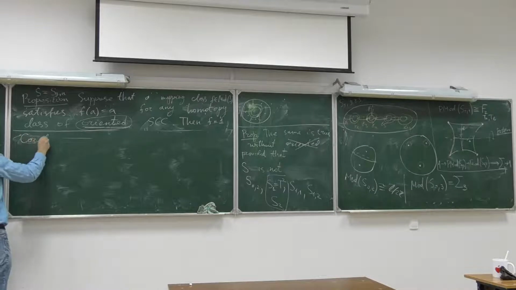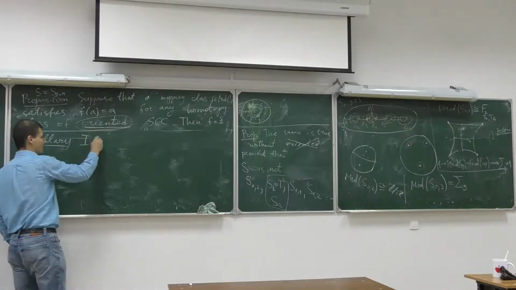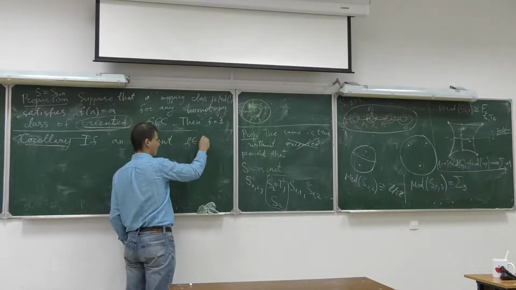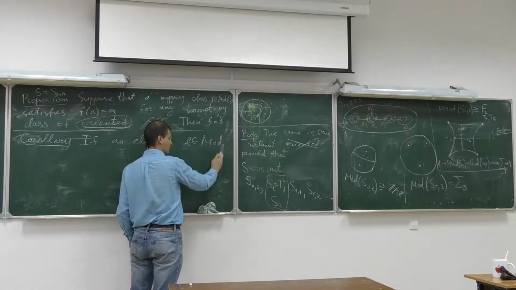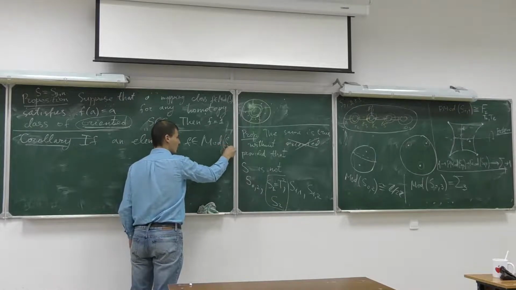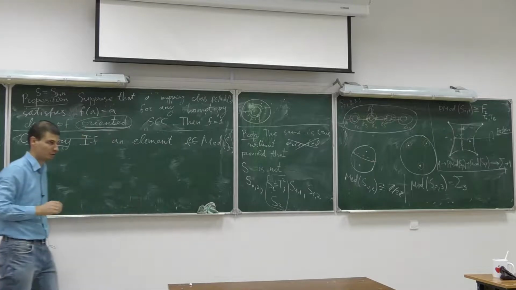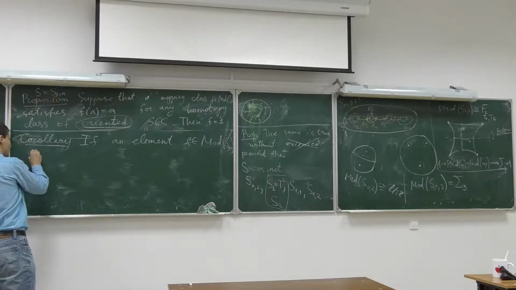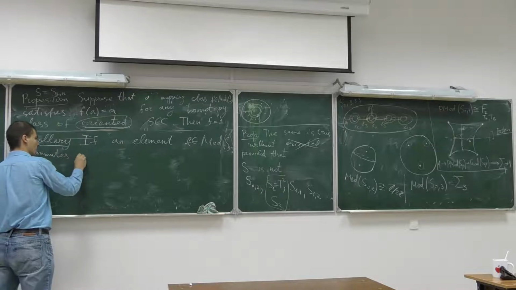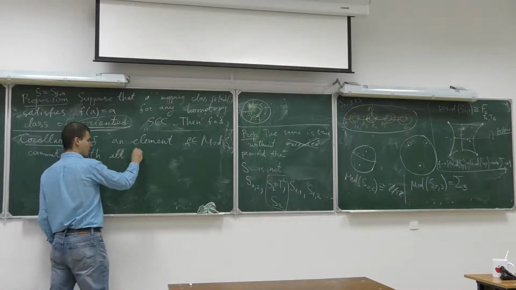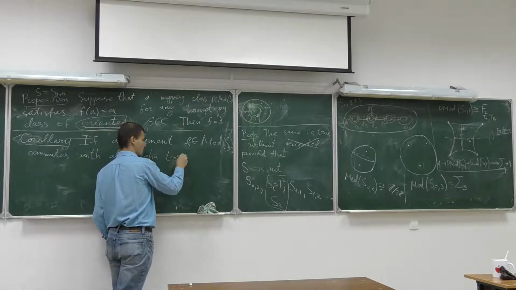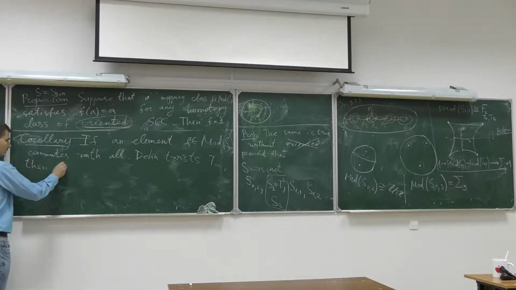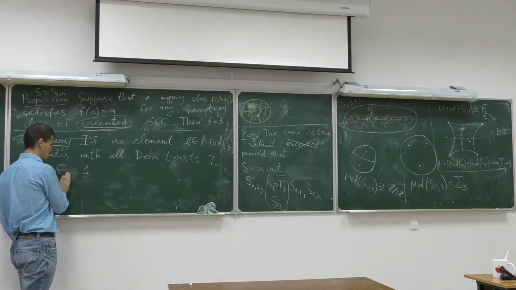We have a corollary that if a mapping class, an element F in the mapping class group of a surface S without boundary components (it is important, we would like to have a surface with punctures), commutes with all Dehn twists T_A, then F is trivial.